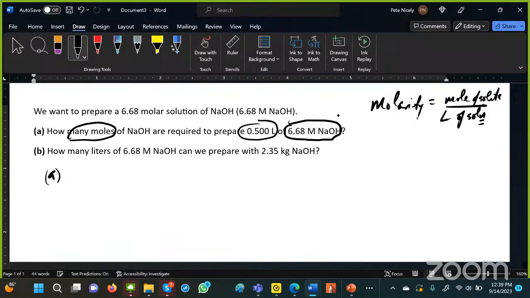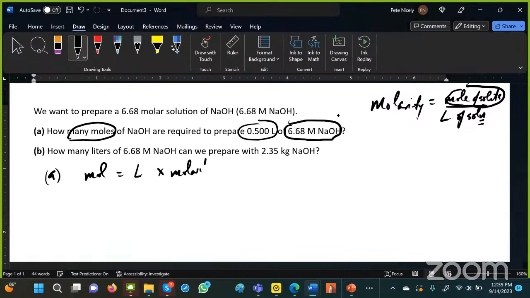What the question is asking for is this part right here. So how would you rearrange this equation to solve for the moles of solute? Exactly. The moles of the solute would be equal to the liters times the molarity.